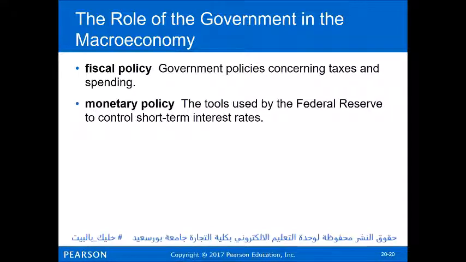The other main policy undertaken by the government is the so-called monetary policy, and it refers to the tools used by the central bank, like the Central Bank of Egypt, or in the United States the Federal Reserve, to control, to change short-term interest rates.